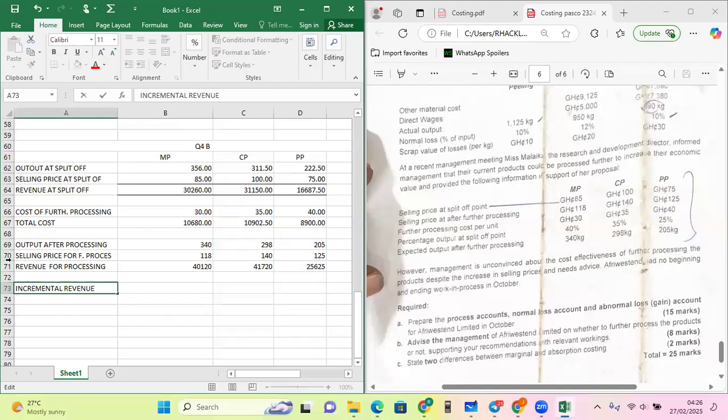According to the rule for accepting further processing or not: when the incremental revenue we are calculating is positive, you accept further processing. But when it is negative, you do not accept. So let's look at it.